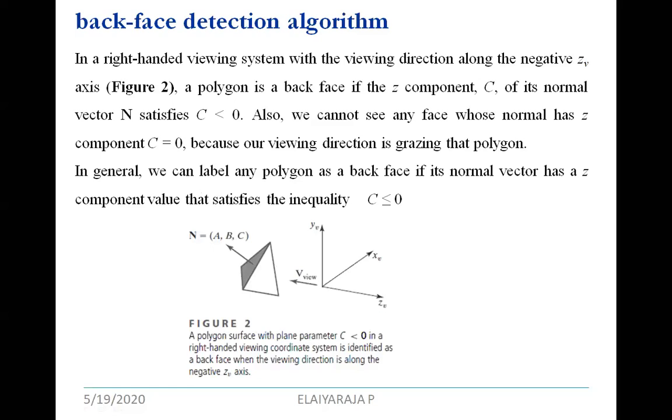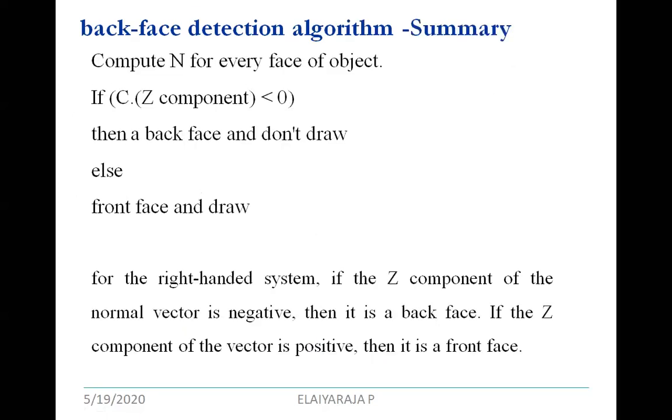As you are aware of the right-handed system and left-handed system, any given polygon you are going to draw, mostly we follow the right-handed system. Why? Because we move the particular object counterclockwise.